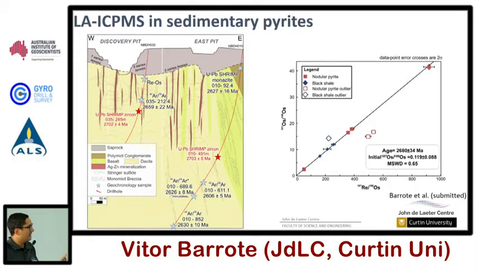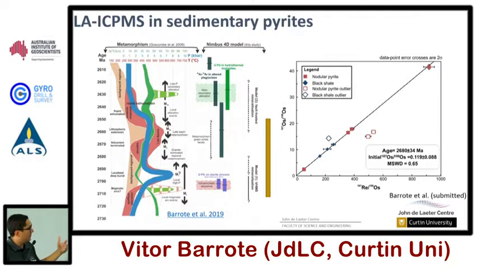And to do that, I dated the black shale containing nodular pyrites with rhenium osmium, and I obtained the age of 2680 million years plus or minus 34. And when I plot that against our other geochronometers for the Nimbus deposit, I see that it is actually cogenetic or coeval to the volcanic sequence.